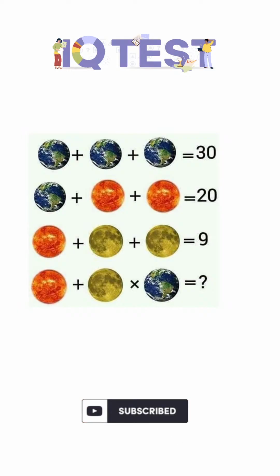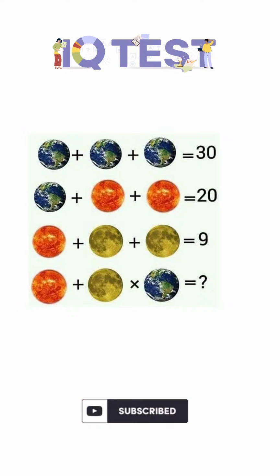Okay, so the sun here, no, that is the earth first. So the earth is 10. The earth is 10. The sun is 5.